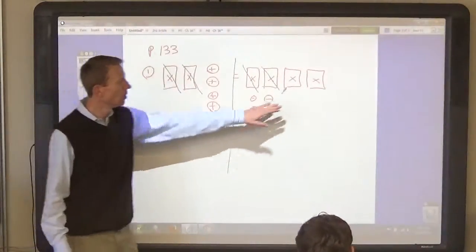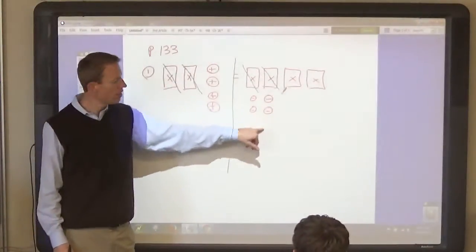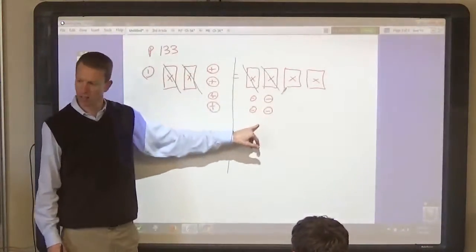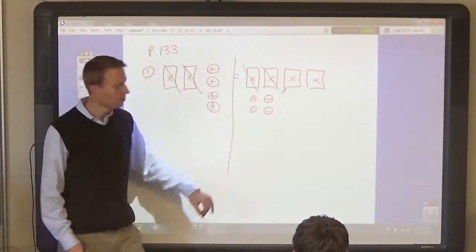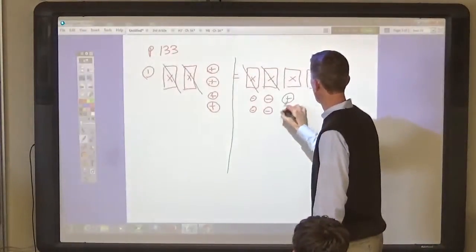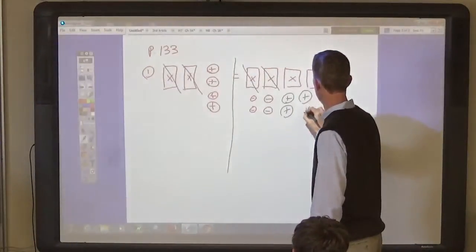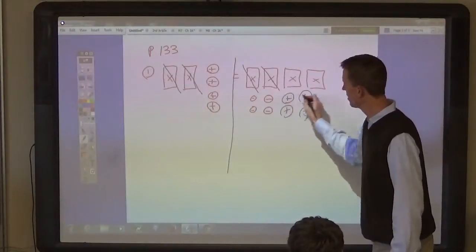Now we have the x's on this side, but we can't keep these on this side. What do we have to do to neutralize these? Add 4 of these. Right? So that neutralizes these.